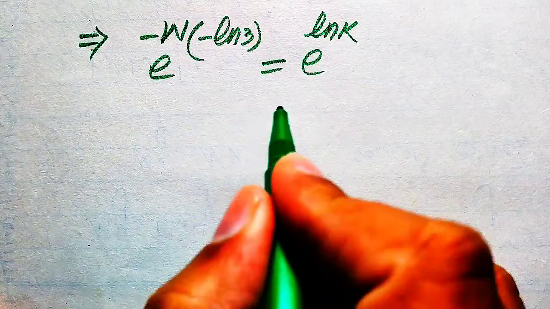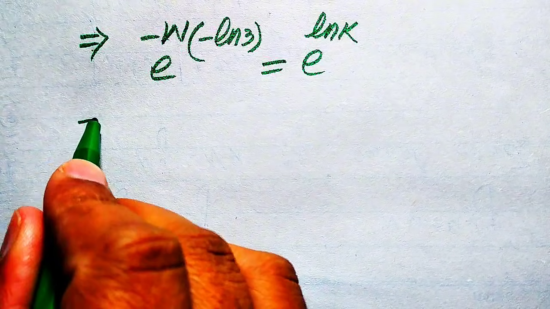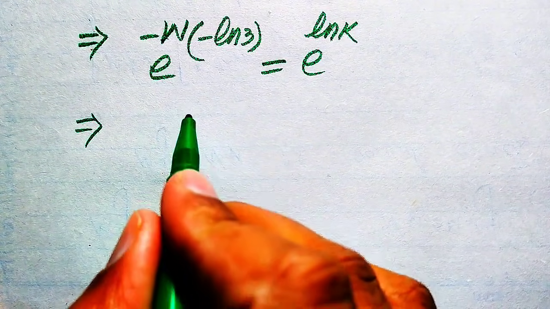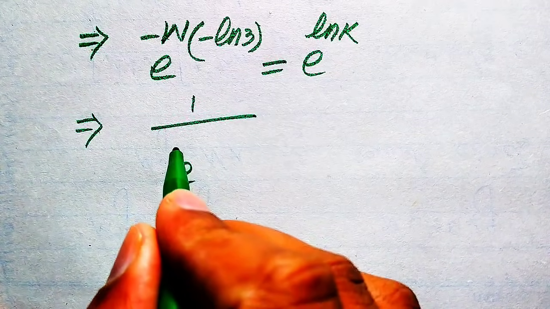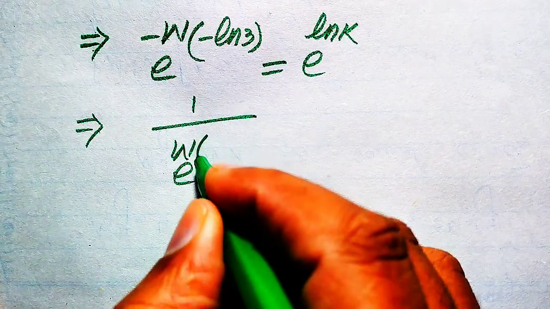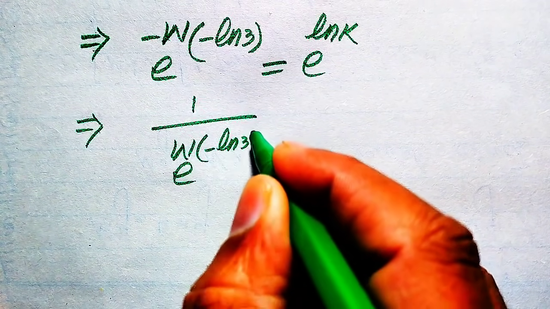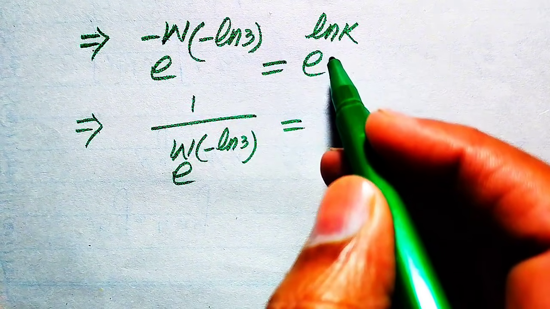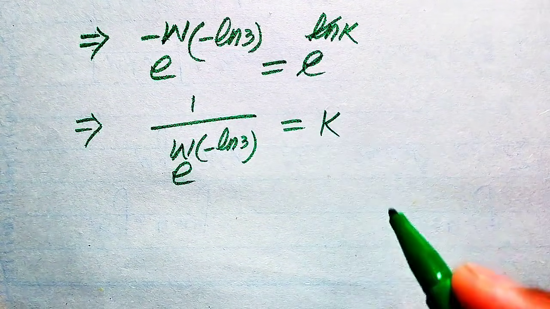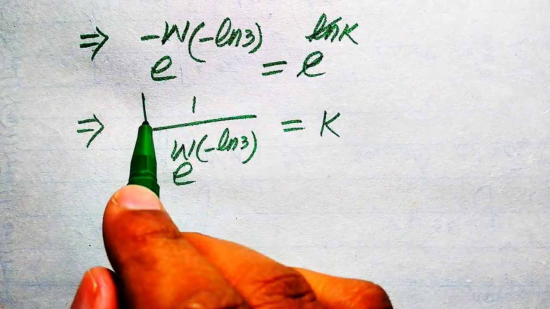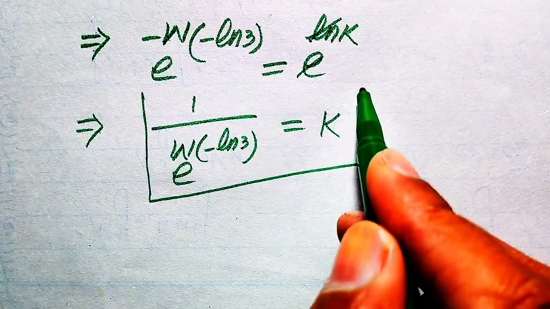After that, you see the exponent of this e is negative, so we move this term downward because it becomes positive. So we get e to the power of W of minus log 3 equals, here the e and the log cancel each other out, and we get only k. So this is the final value of k which we get here.